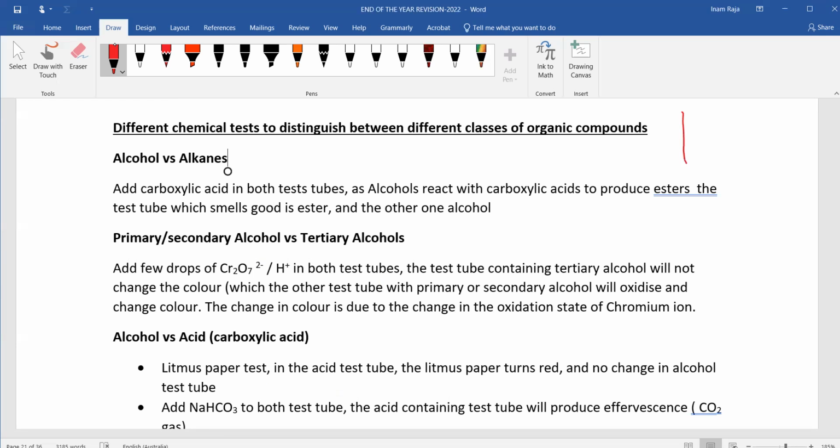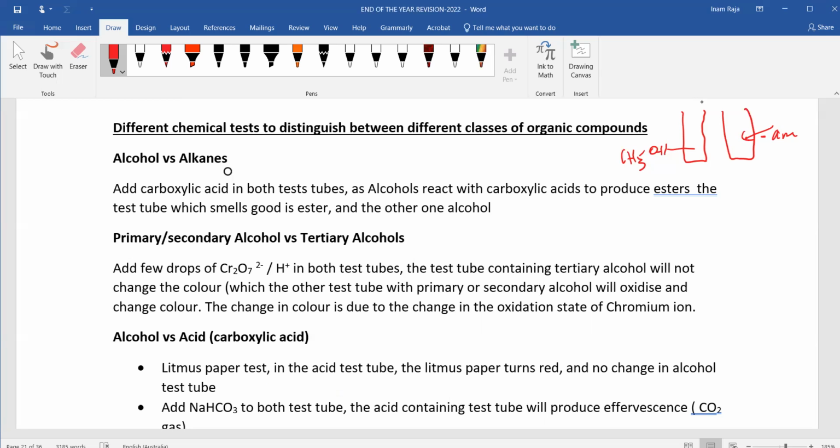Imagine you have 2 test tubes and one test tube has alcohol in it, let's say CH3, and the other has some alkane, and both are colorless. What simple test can you do to distinguish between these two?